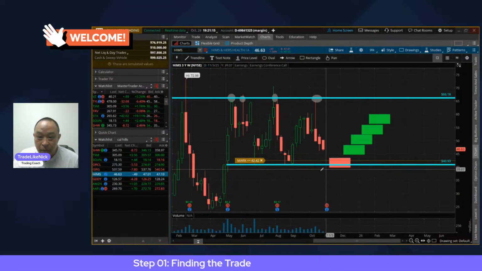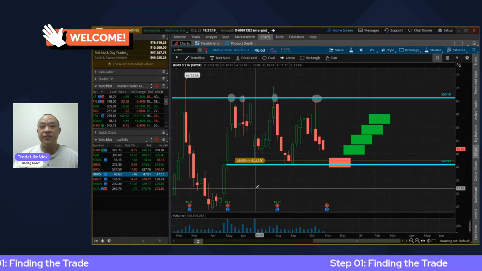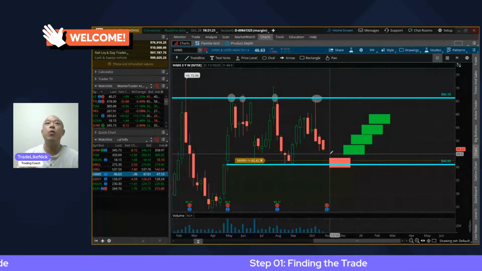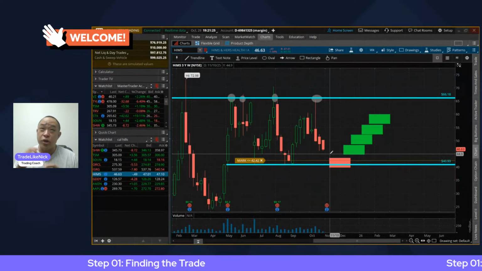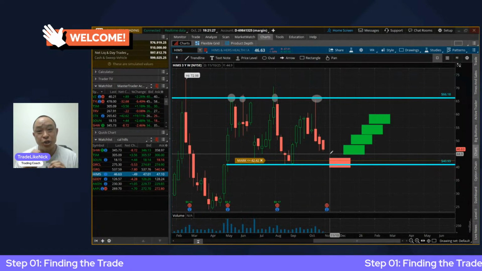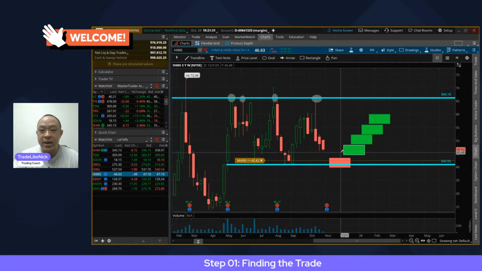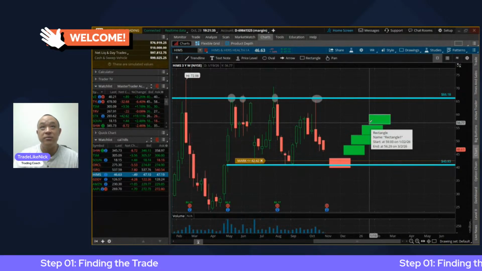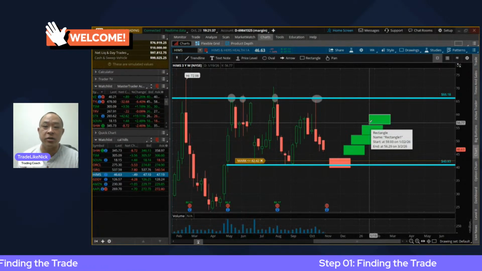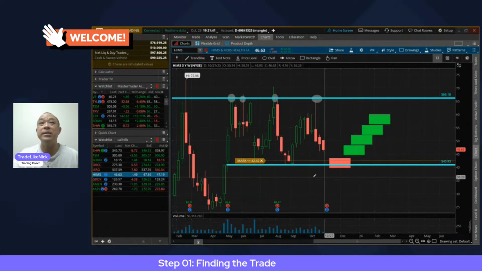So my stop loss is always going to be below the demand zone, because if it does not bounce, I want to pull the plug to minimize my losses. As a professional trader, your number one job is to manage your risk, minimize your losses, cut them short, and then hopefully you let your profits run when the stock does bounce. This allows us as a trader to be wrong more often than we're right, and we can still make money.